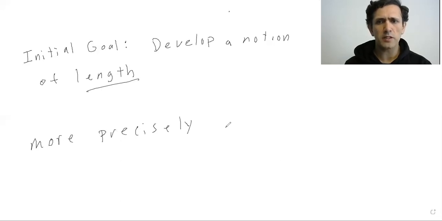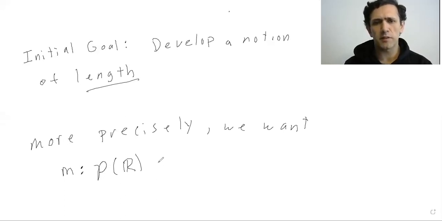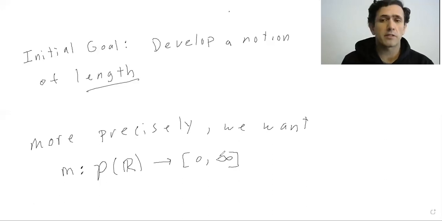So more precisely, what do we want? We want a function that takes in a subset of the real line. Here script P is for the power set. So we want a function that takes in a subset of the real line and spits out something between 0 and infinity. Certainly, we do want infinity to be possible. For example, the length of an infinite interval is obviously infinity.